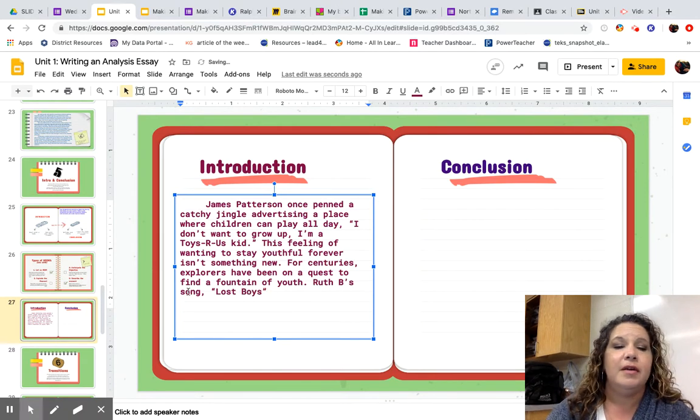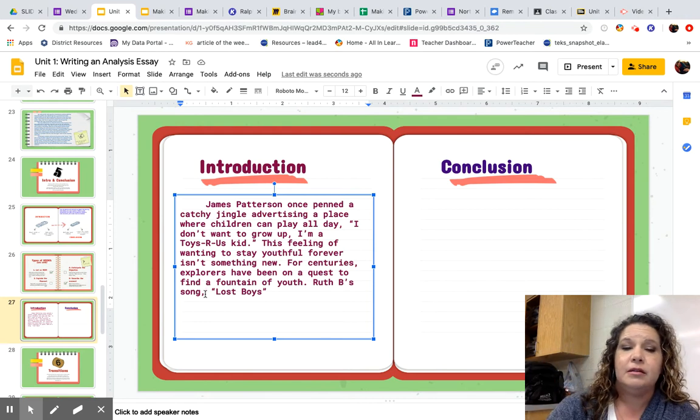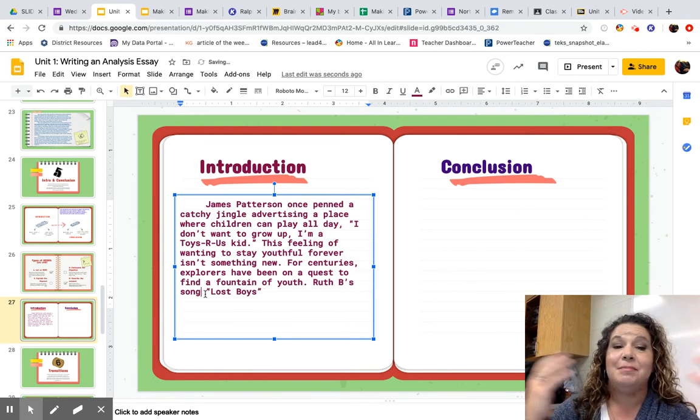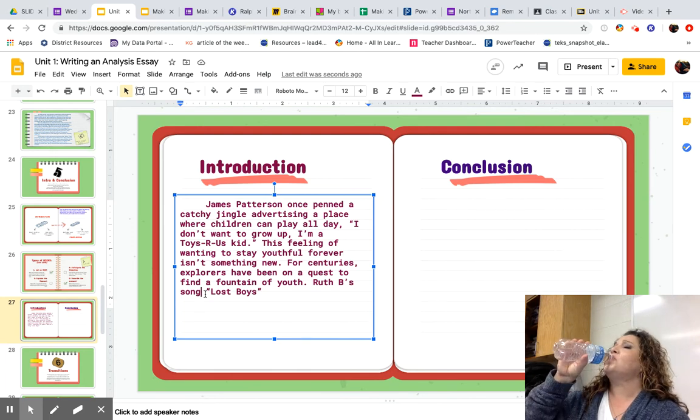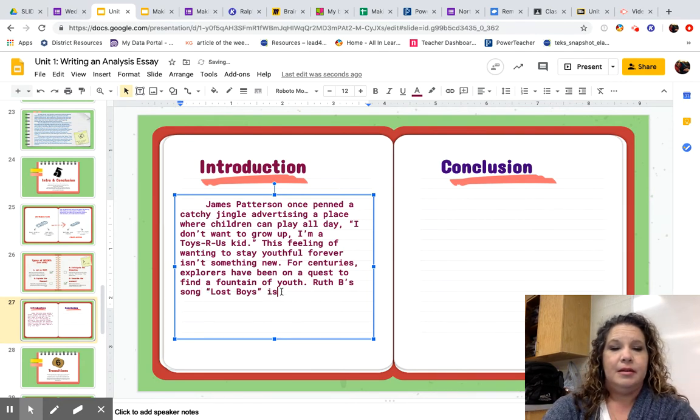Would I need that comma there? Am I setting it off with a necessary appositive phrase? And I am, because she has many songs, so we need to know which song. So we don't need to use a comma. So Ruth B's song Lost Boys is yet one more example of this quest to escape adulthood.